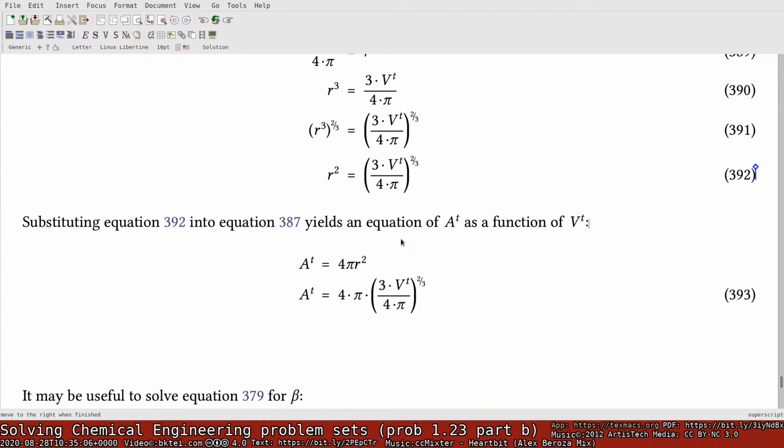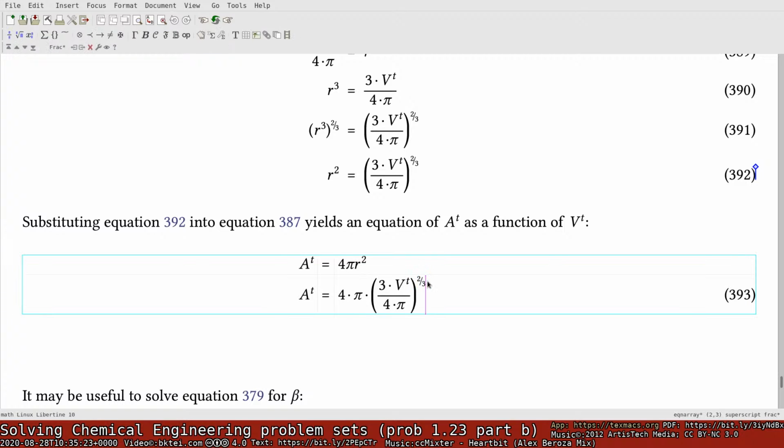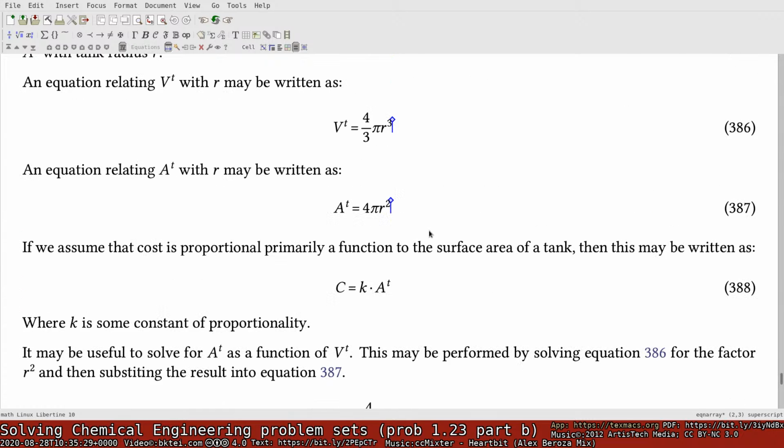Does that even make sense? I guess so. Volume goes up a lot, but area doesn't go up very quickly. Definitely not directly, linearly proportional. Okay, makes sense.